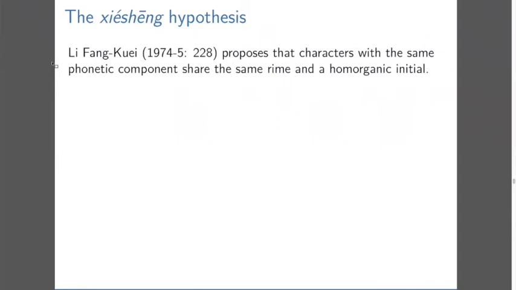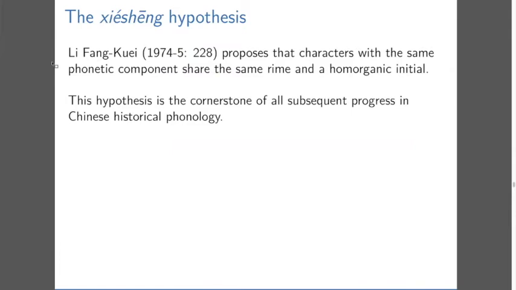They have the same rhyme, but you can allow interchange between a B, a P, and an aspirated P. This hypothesis is the cornerstone of all progress, I would dare say, in Chinese historical phonology. And one way of summing up some of my observations on Sumerian is that there is nothing like the xiésheng hypothesis, it seems, in the study of Sumerian.